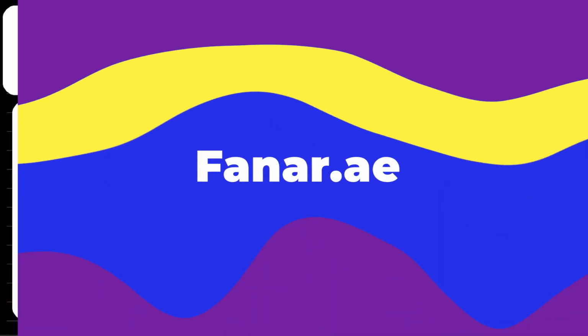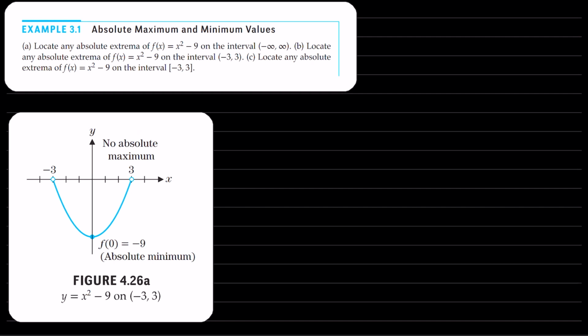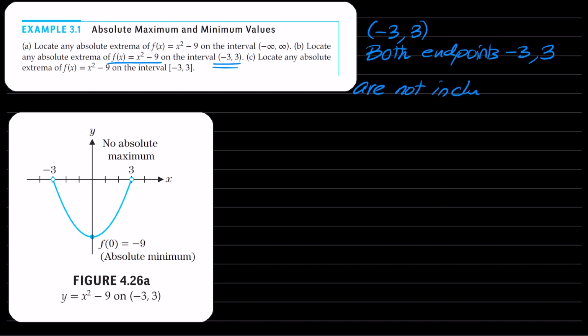Now let's check part B. We are talking about the same function f of x, which is x squared minus 9, on the open interval -3 to 3. Both endpoints, -3 and 3, are not included in the interval, because it's an open interval.